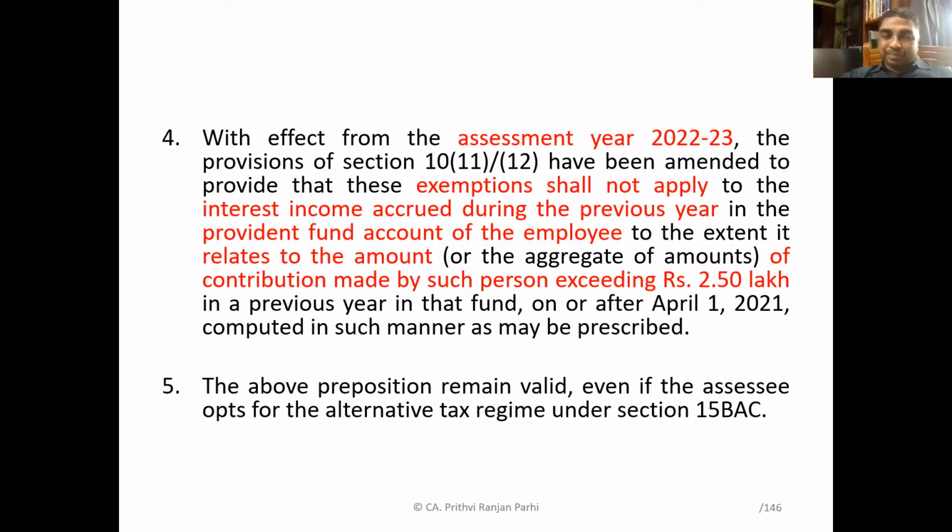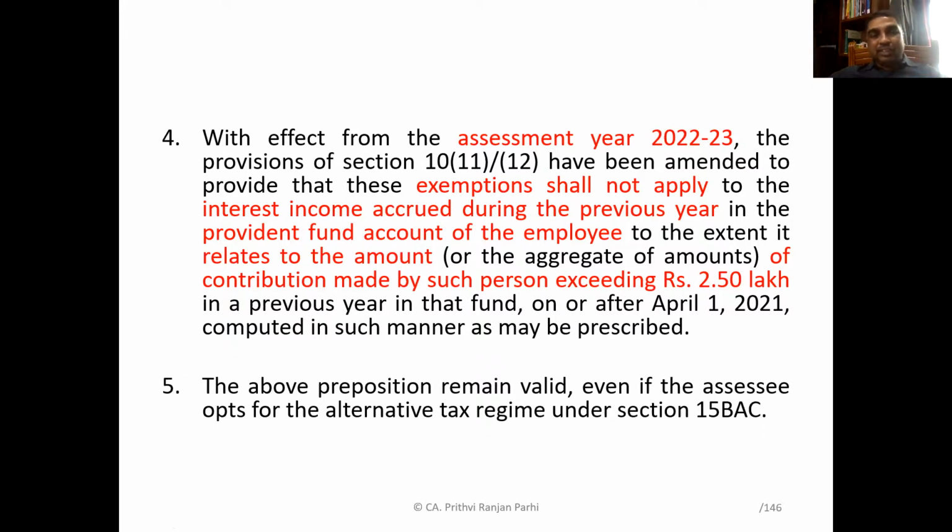That means the interest earned by the employee from this provident fund account on his own contribution, if that exceeds rupees 2,50,000, on that excess amount, whatever interest is earned, that will be taxable. That will not be exempt.